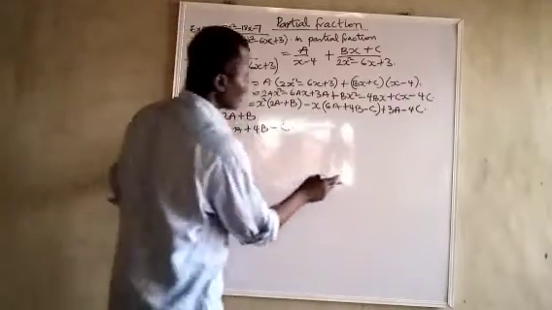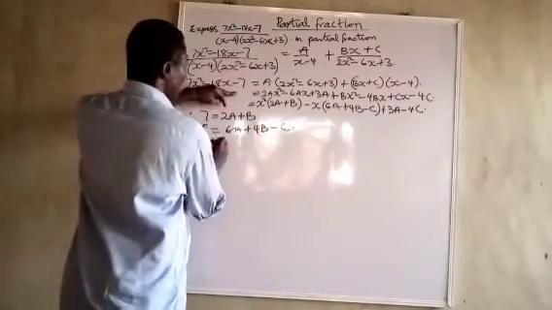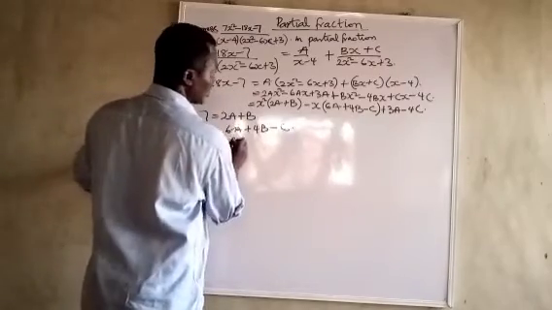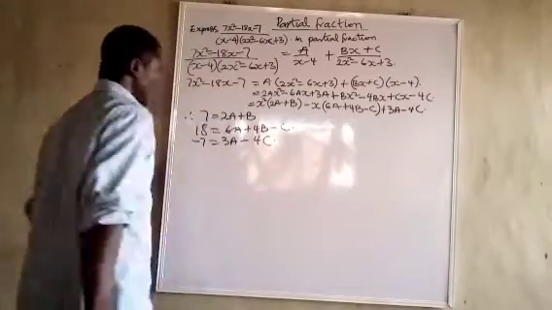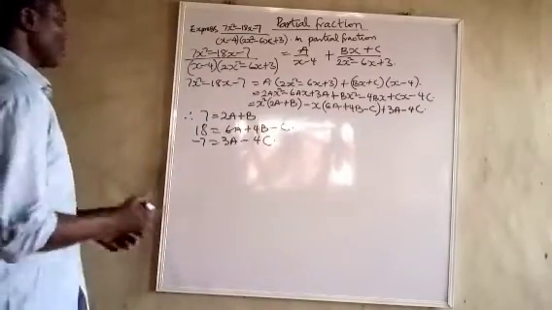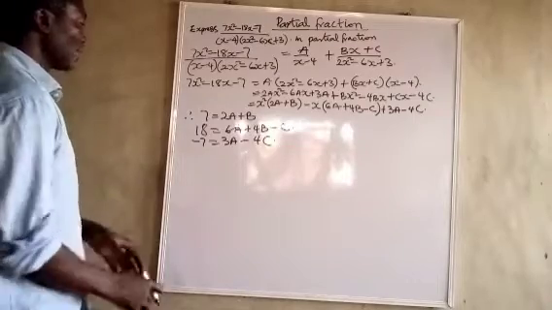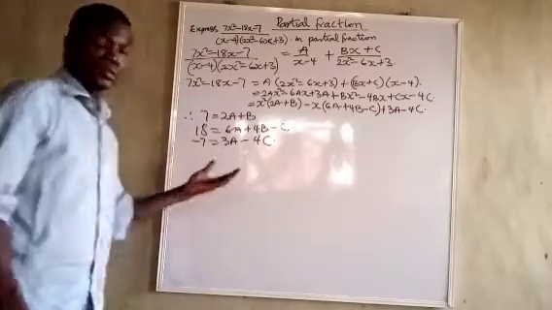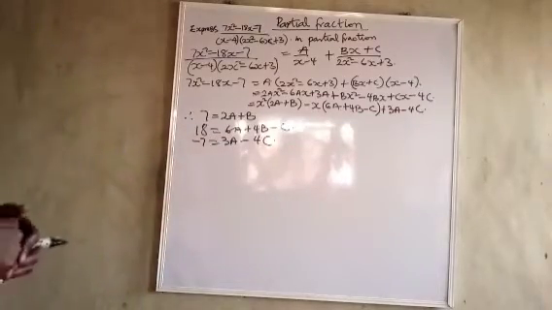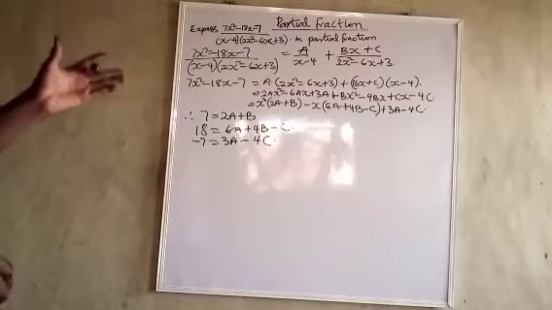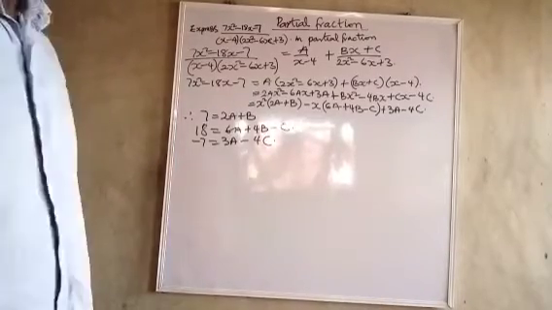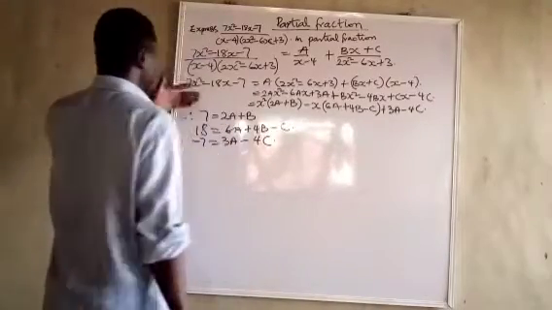And last, I have minus 7 is equal to 3a minus 4c. So it makes it easy for me to work with now. Just using my knowledge of simultaneous equations, I will find a, b, and c, and then substitute it in the equation. Now let's solve for a, b, and c simultaneously.